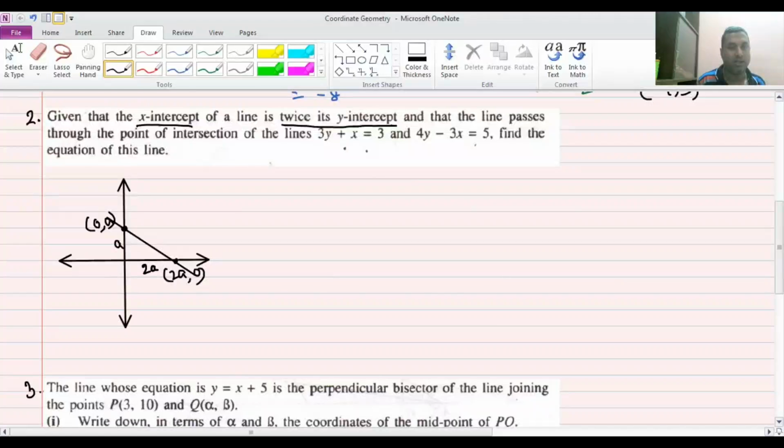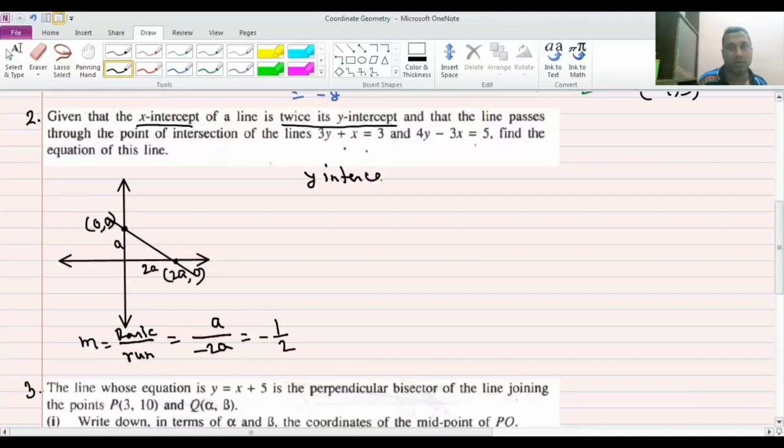So y by x, that is rise over run. We are running 2a and raising a. So your gradient will be minus half. Now the y-intercept is a.